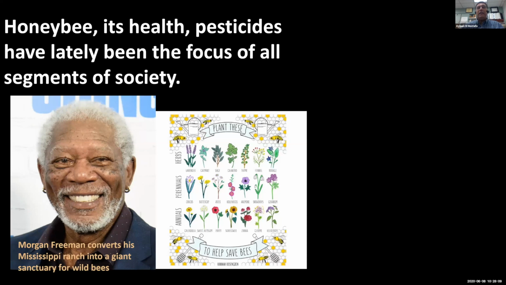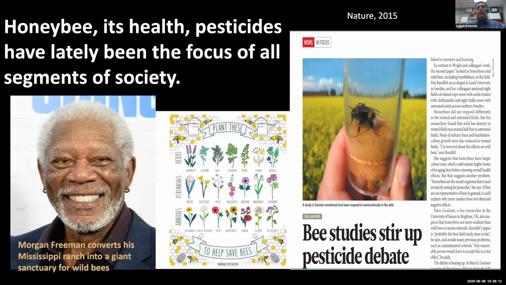Not only that, but scientists too. There is concern about bees in general, and where the population is going. Is it declining? Is there something we can do? What factors can we use to enhance the population and make it stronger?